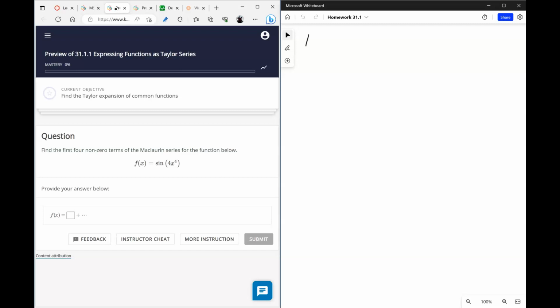The question here is to find the first four non-zero terms of the Maclaurin series. The way we're going to do that is by recalling the formula for the nth term. Let me remind you what a Maclaurin series is.